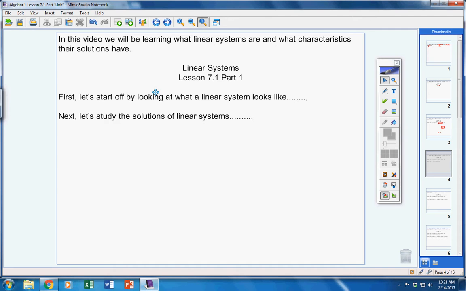So here we go. First of all, I would like you to copy down this problem in your notes, please. This is a linear system.